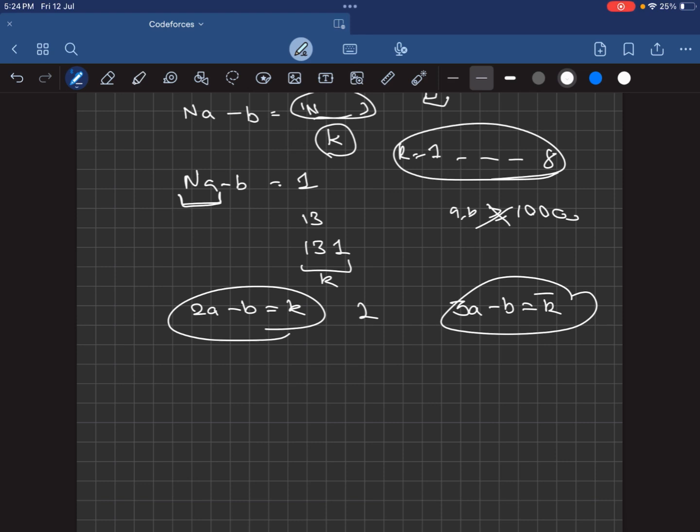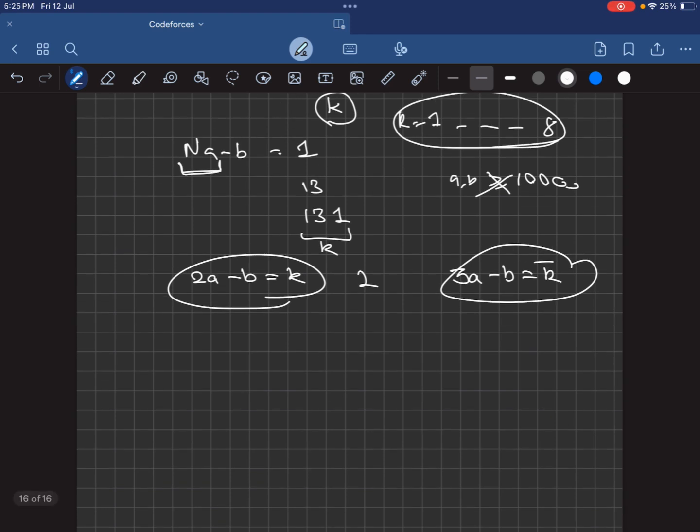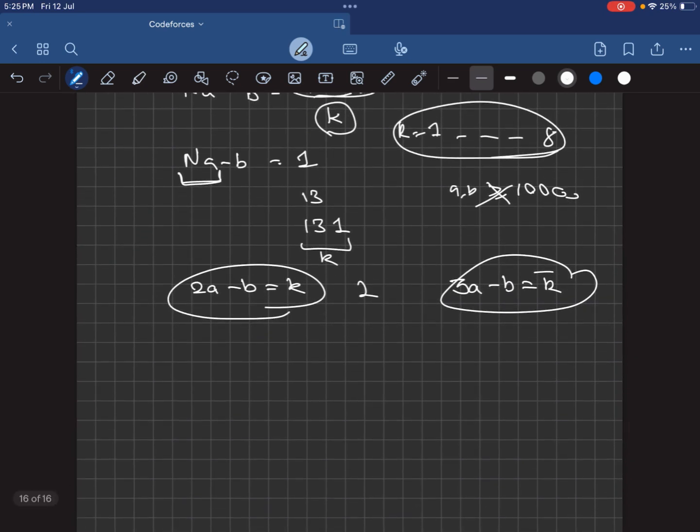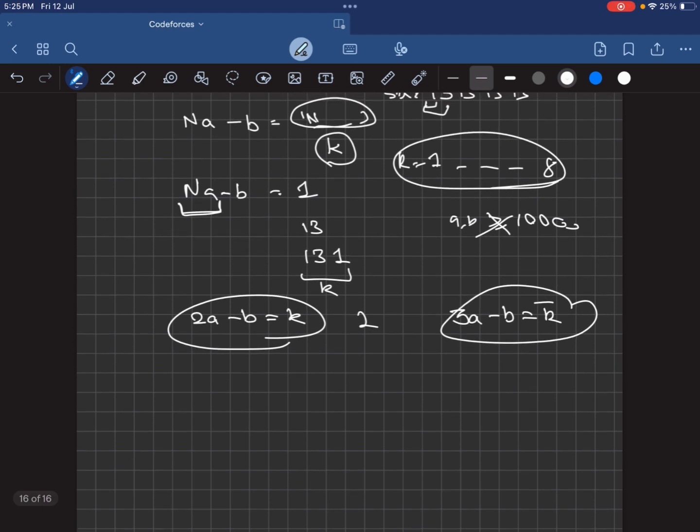I don't have my code on my iPad, but this is essentially how you can solve the question. So you will plug this equation in there.